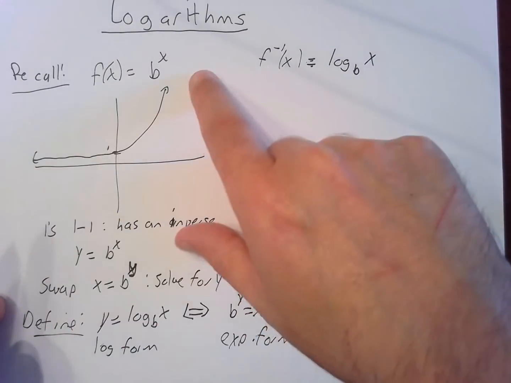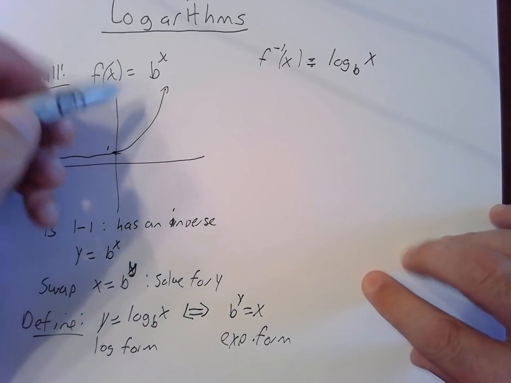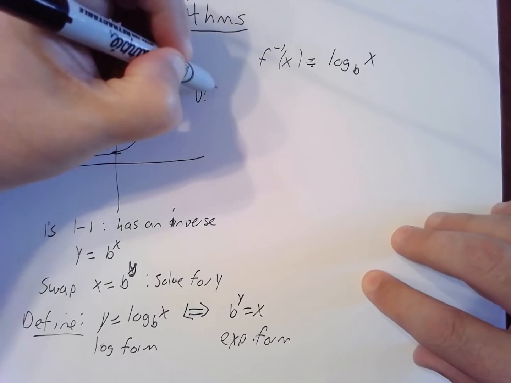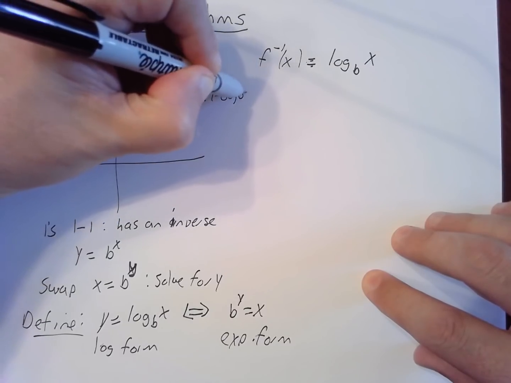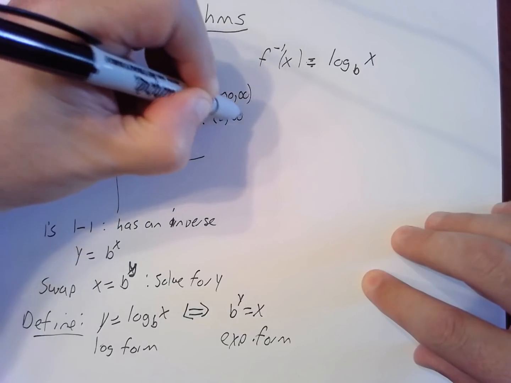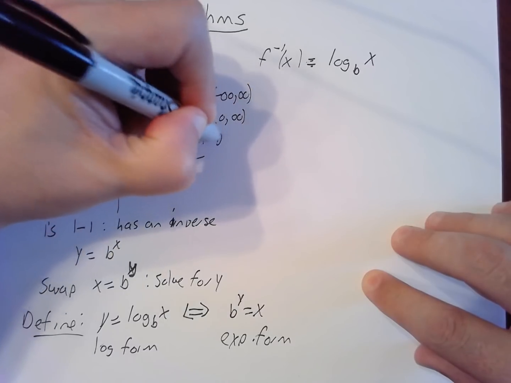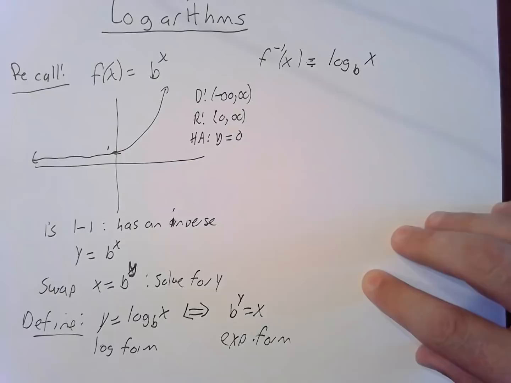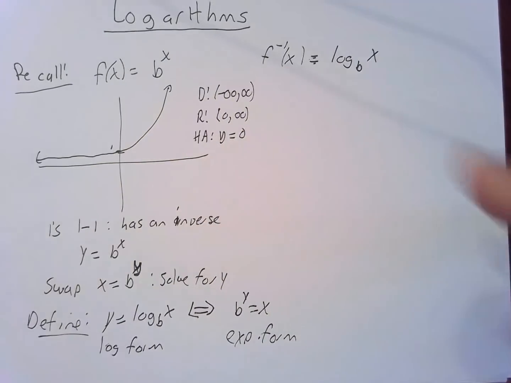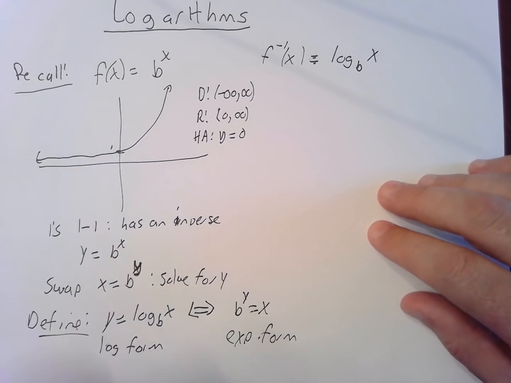Okay, so this exponential function has a graph that looks like this. This guy here had a domain of all real numbers, had a range of 0 to infinity, and had a horizontal asymptote at y equals 0. His inverse, remember when you're going from a function to his inverse, domain and range switch, all the x's and y's switch. This guy passes through the point 0, 1.